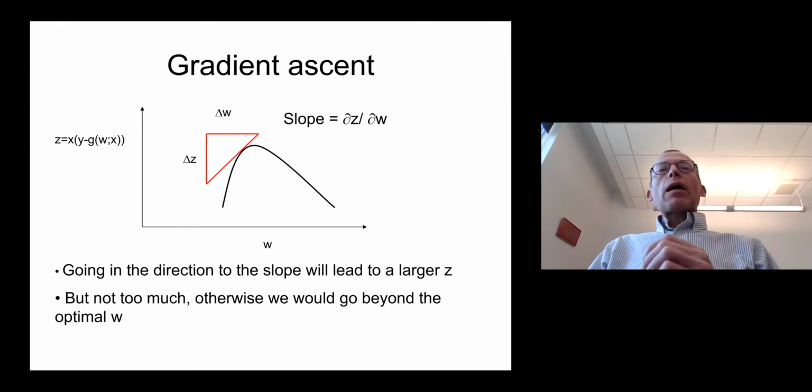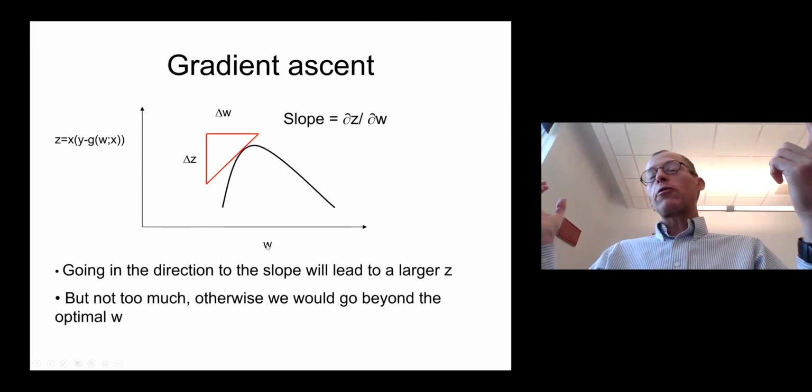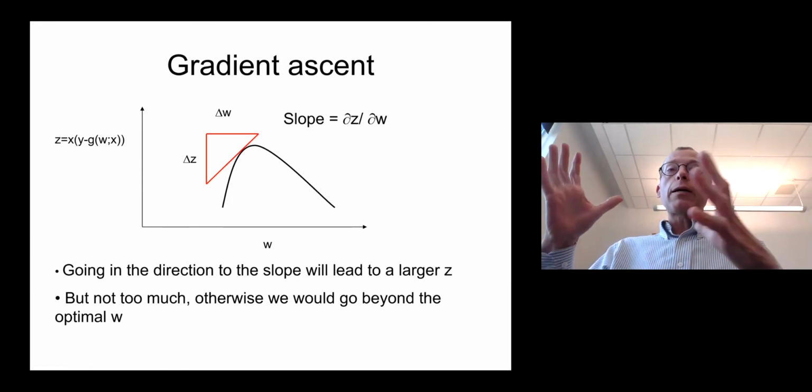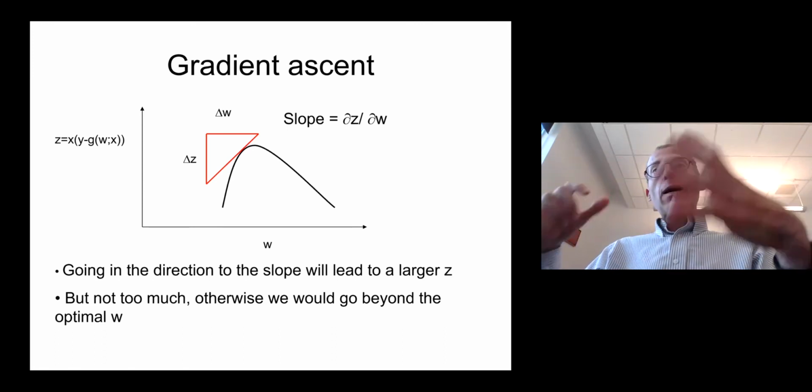What's the idea? It depends on the shape of the function. In our case, we want to find the maximum likelihood. If the function is concave, it looks something like this: it goes up to some value of W, and then it goes down. This is true for one value W, but it's also true for individual W's: Wi, Wi plus 1, W1, W2, W3.